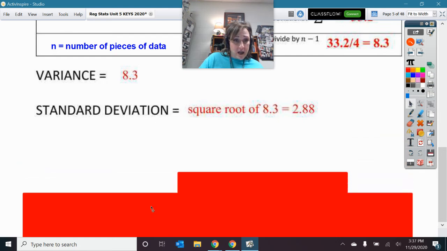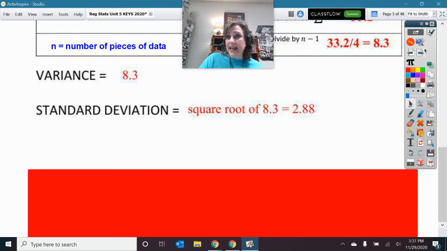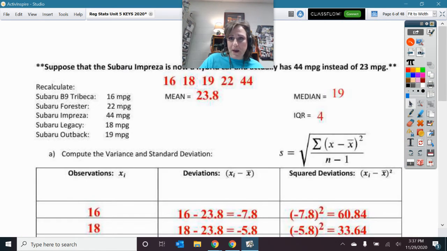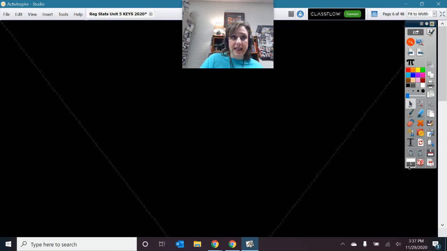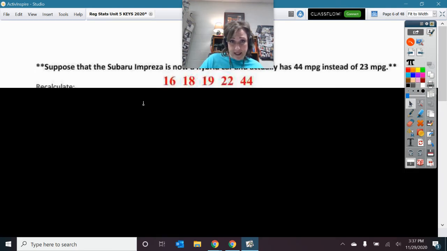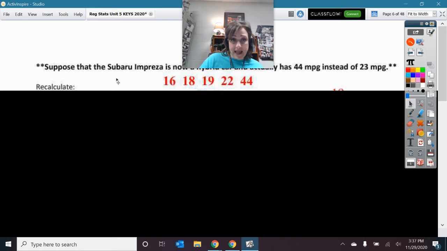And so now we're going to take a look at a similar situation on the next page. I want you to practice with this. Suppose that the Impreza is now a hybrid vehicle that has a gas mileage of 44 miles per gallon instead of 23.